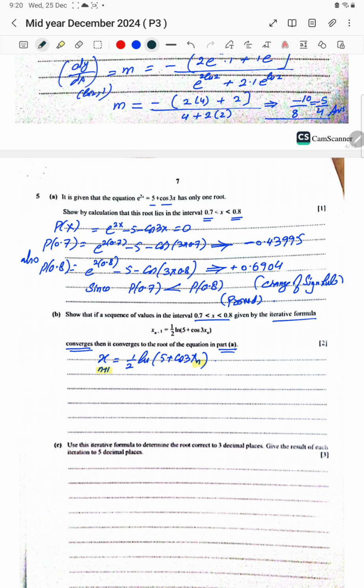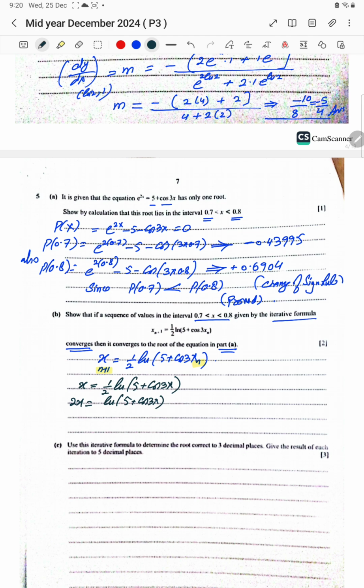Here we will see. First we will eliminate n plus 1 and n, and we will write the same natural log of 5 plus cos of 3x. Now 2 comes here, 2x is equal to natural log of 5 plus cos of 3x.